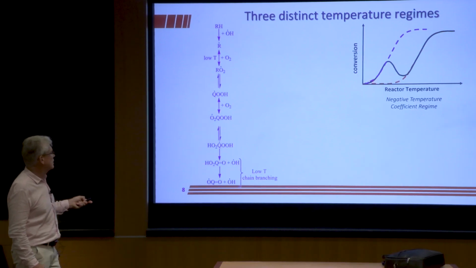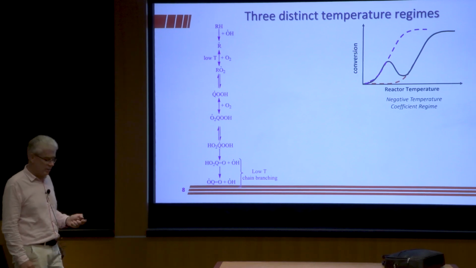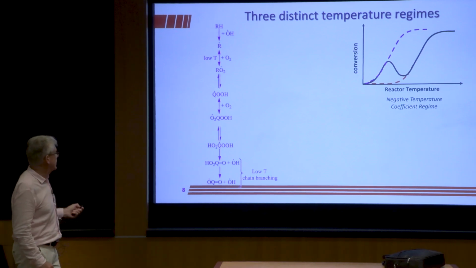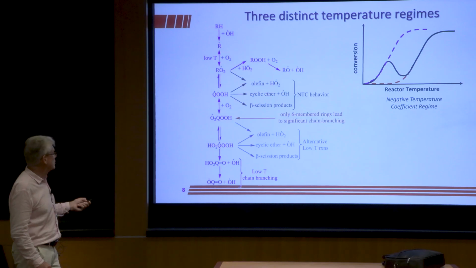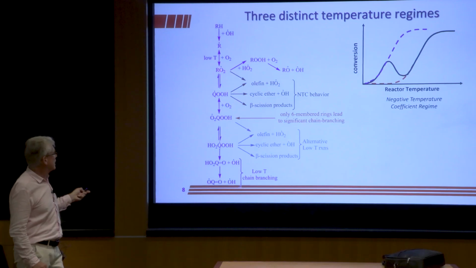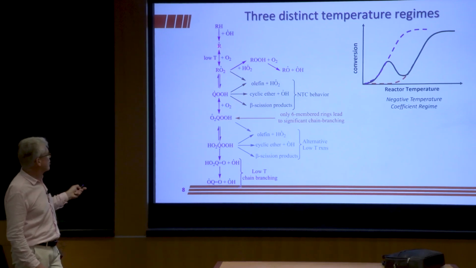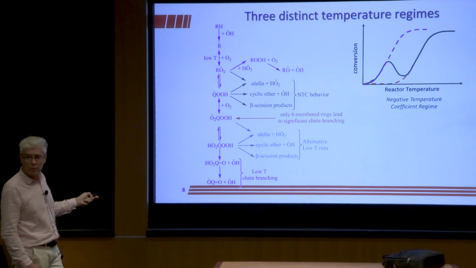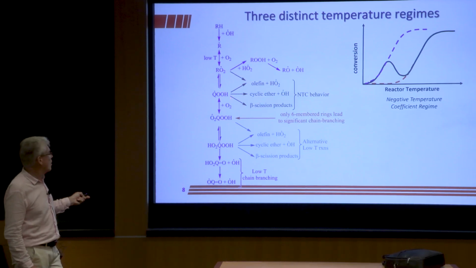something in between. You've got this negative temperature coefficient behavior. So what happens in the intermediate temperature regime is you have this chemistry going on. You have alkyl peroxy radical formation that can give you an olefin plus HO2 directly, or it can isomerize and give you a cyclic ether plus OH or beta scission products.